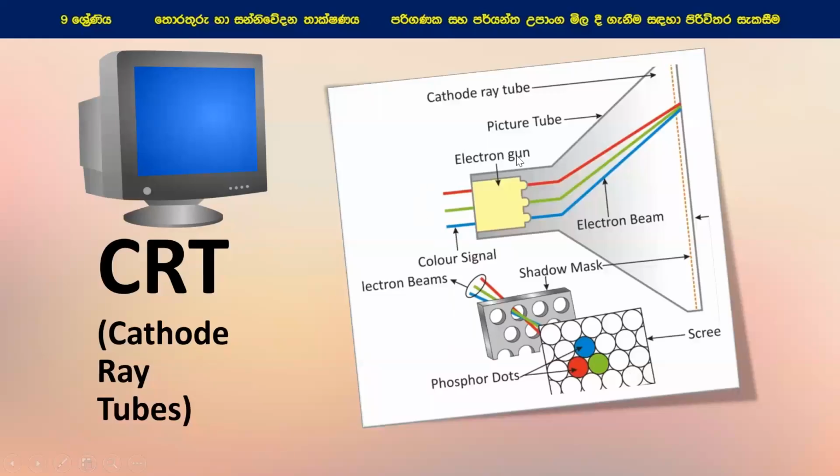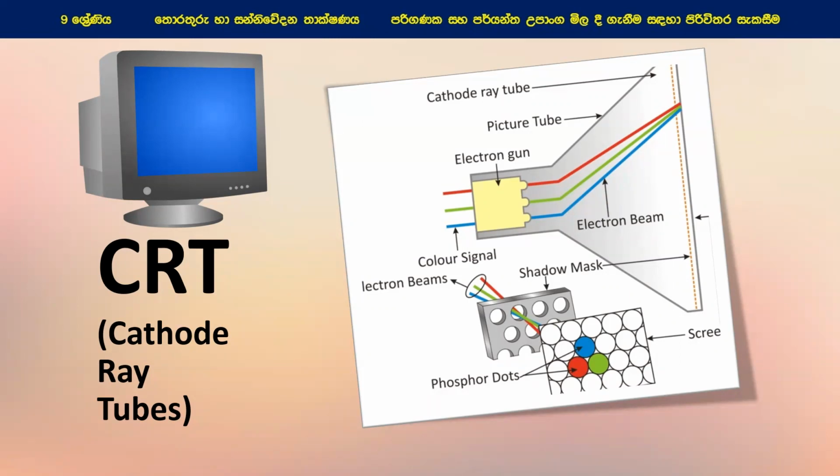Now, this is the internal structure of the cathode ray tube. I'm showing this only for your information, people. It is not in your syllabus, so they are not asking these details in your examination. This is what you call the cathode ray tube, the gray colored one, and it has an electron gun at the end, and that electron gun is shooting electron beams in 3 colors, which are red, green, and blue.